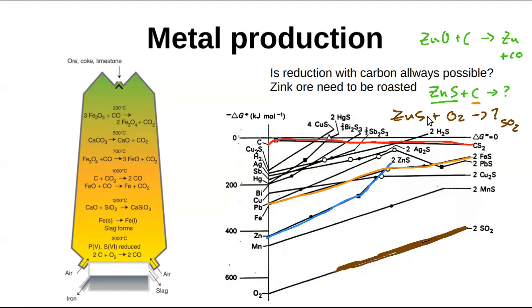This is called roasting. We roast the sulfide ore. So in principle, heating it up with the oxygen accessible would produce zinc oxide. But after roasting the zinc sulfide ore to get zinc oxide, then you can mix it with carbon and get zinc metal.